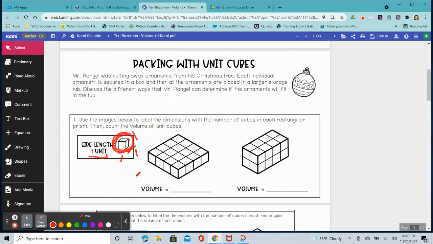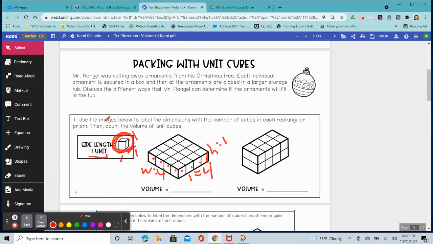So if we're talking about our length, there are 1, 2, 3, 4 cubes in the length. If we're talking about the width, 1, 2, 3, 4 again. And then when we are talking about the height, that's right here, it is 1 cube in height.